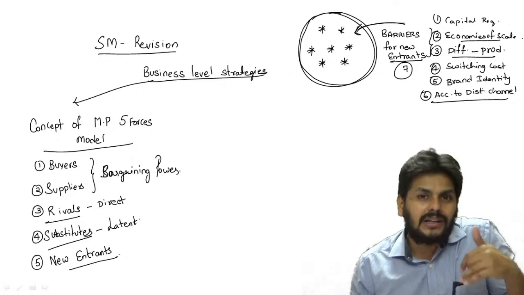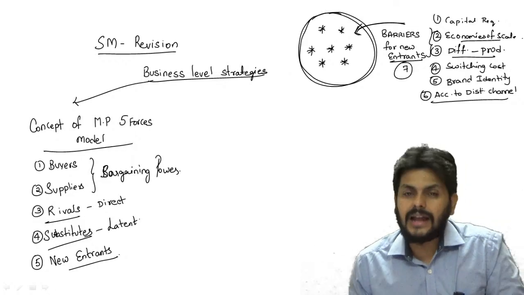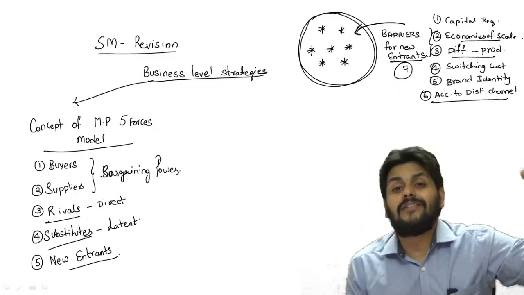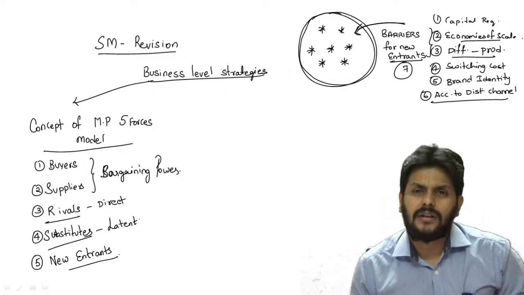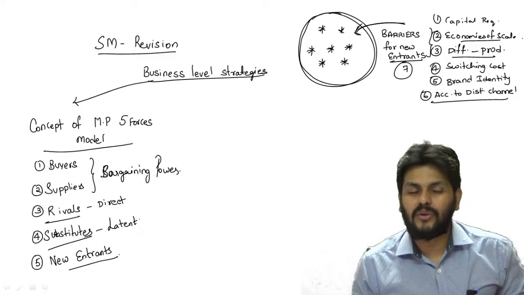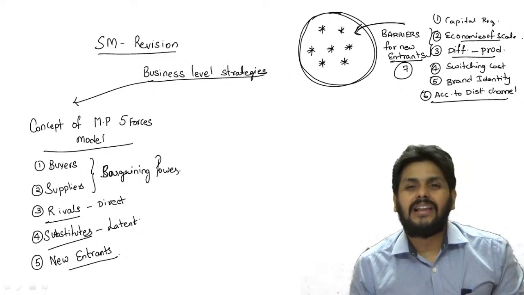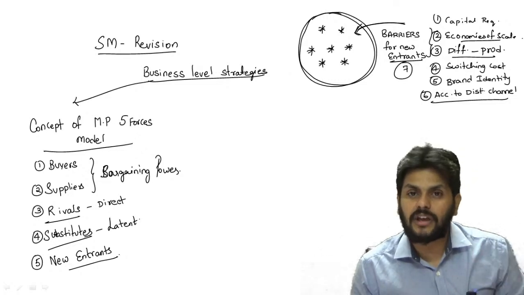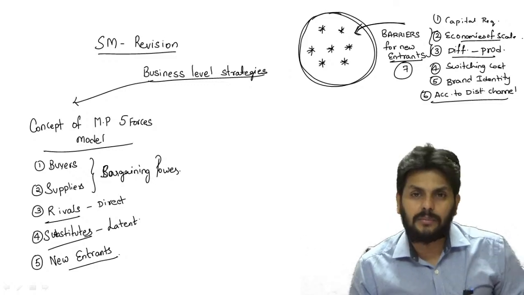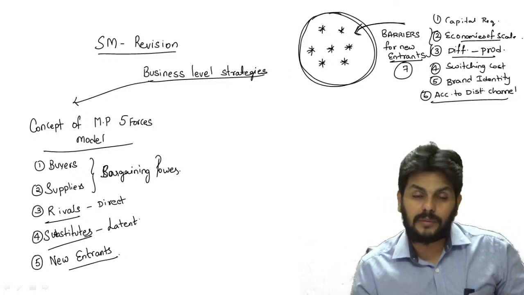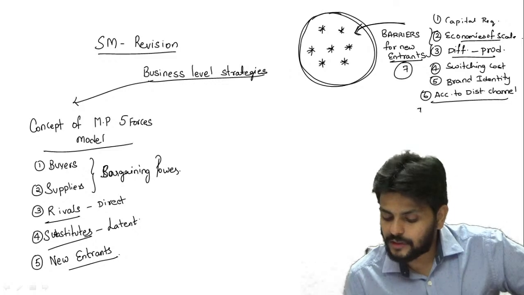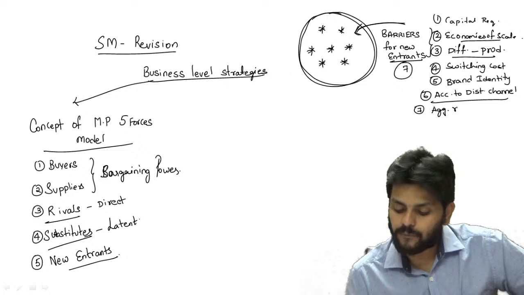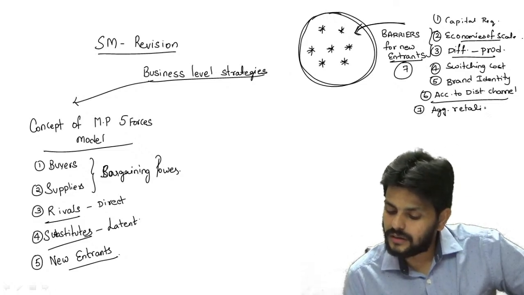When we don't have access to a particular distribution channel which is already strongly in the hands of existing players, how will I think of going and dominating? How can we deliver our products? They are already there. Let them do it. So we will not take a chance to enter such a market where the problem will be distributing a product. And finally, the 7th point will be a threat of aggressive retaliation.